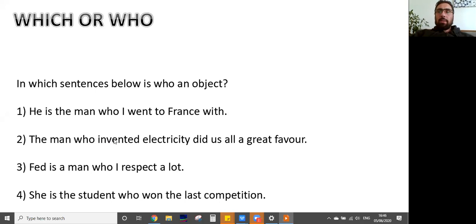We know because the verb is directly after the relative pronoun. So we have subject, verb. So who here is a subject. Excellent. So can we change who with whom here? Is it possible? No. Excellent. Good stuff.